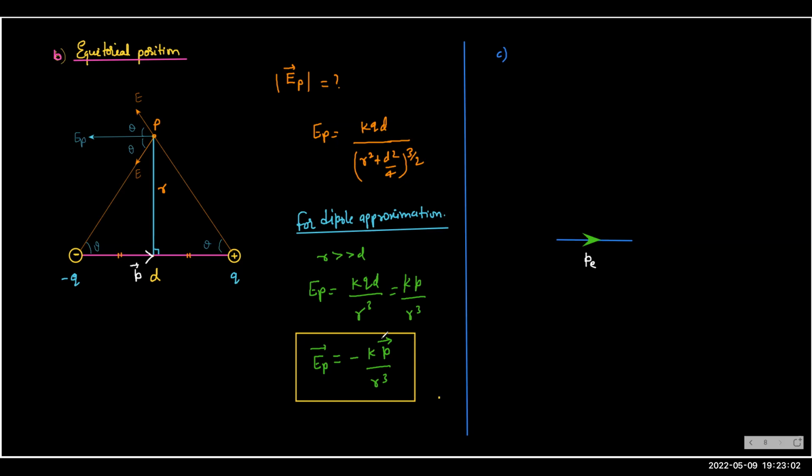So now we are taking the third scenario, in which the point will be neither on the axial nor on the equatorial, but somewhere in between. So we have the position here, and the line joining the position to the center makes an angle, so this is theta.